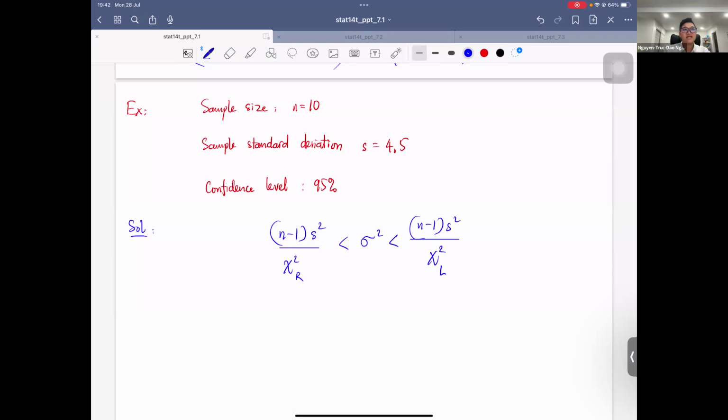Now we calculate chi-square right and chi-square left. The degrees of freedom df is n minus 1, which is 9. From the chi-square table, you can find chi-square right and chi-square left. For chi-square right, it's similar to the previous example. Let's check it together.